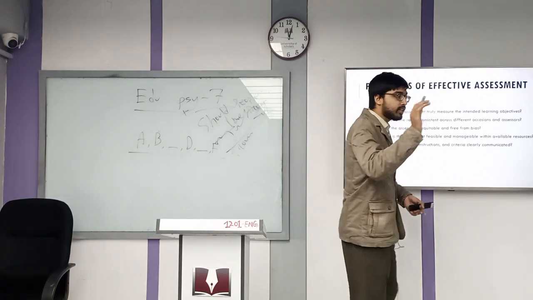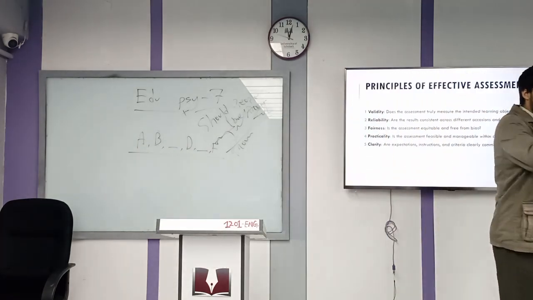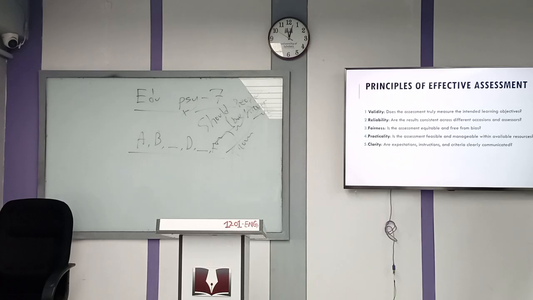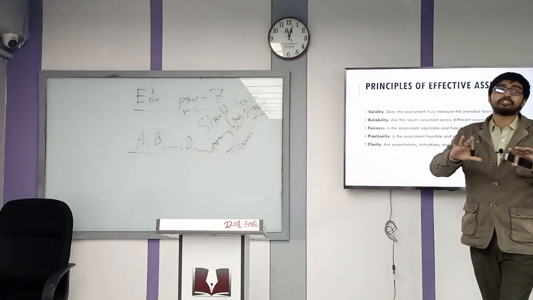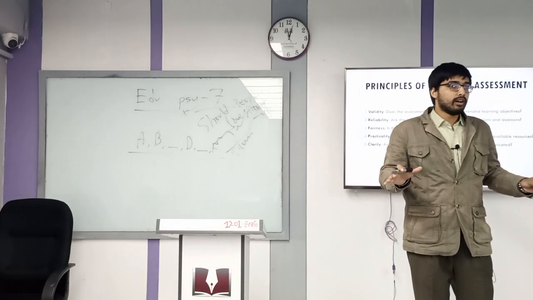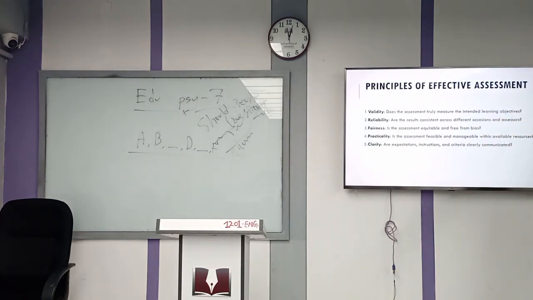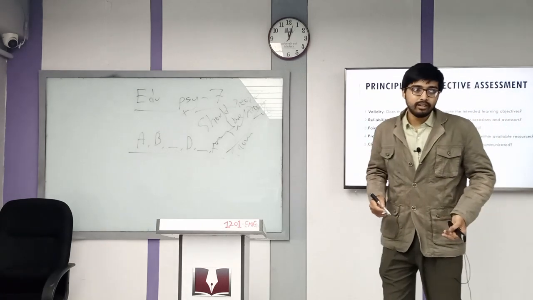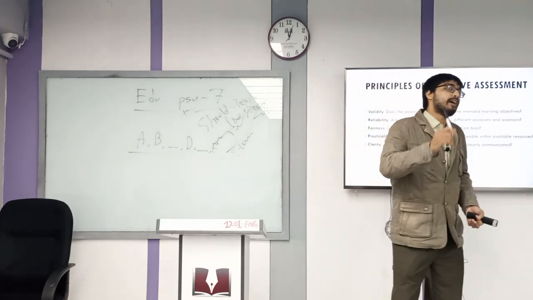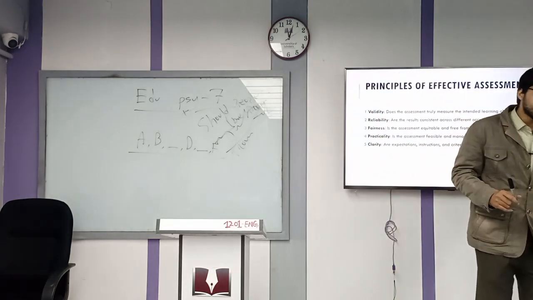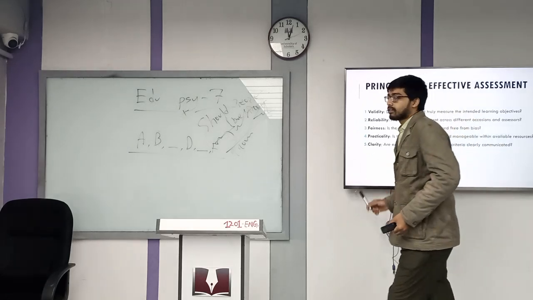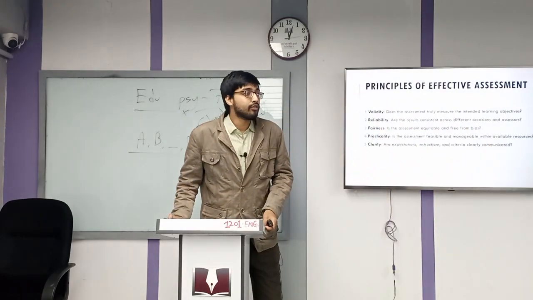You should do this, you should not do that. That means instructions should be clear. I have given the question papers, but I have not stated the time, so you do not know how much time you have left. Is it a valid exam then? No. That basically lacks clarity in that particular exam.